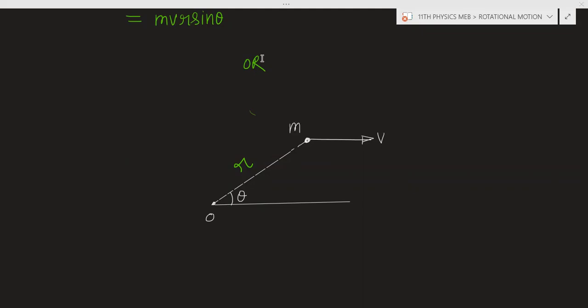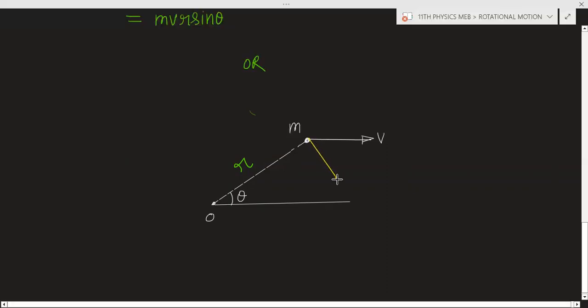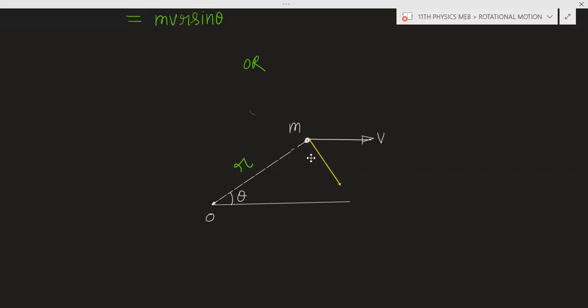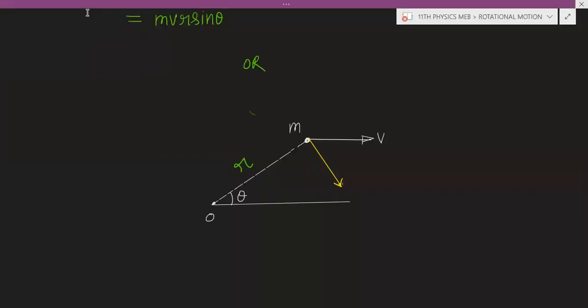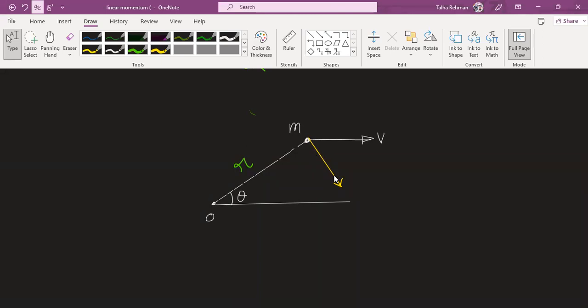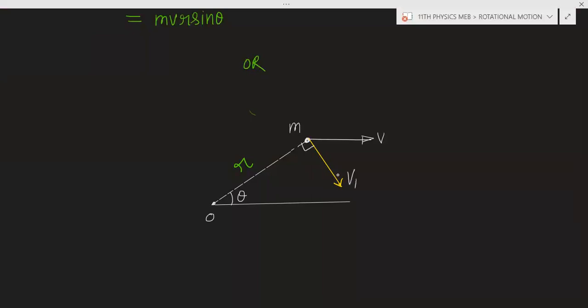For this component you have to calculate the angle. Whatever the angle, this component will be v perpendicular.